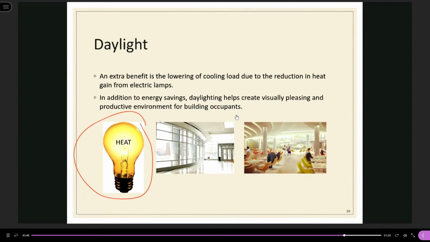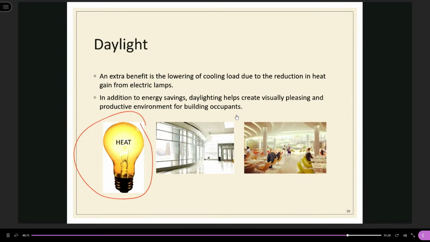In addition to energy saving, daylighting helps create a visually pleasing and productive environment for building occupants. When an office incorporates daylight, compared to an office without any windows, no daylight, the office with daylight will be more productive.